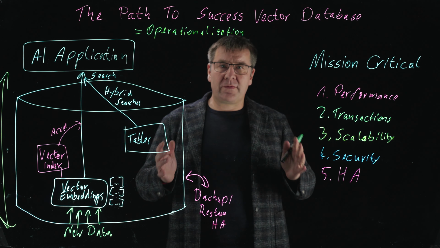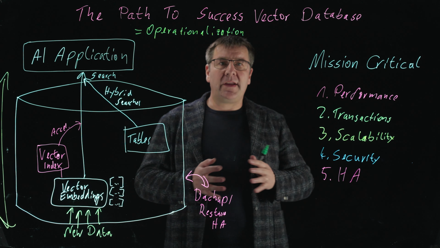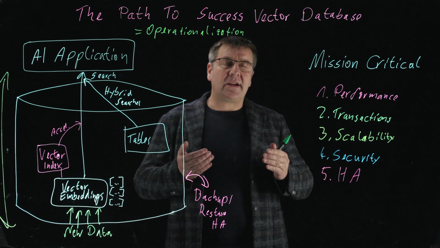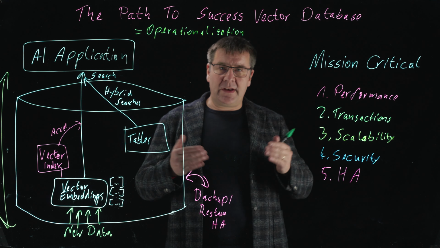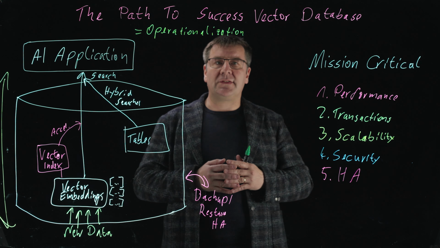So the key to remember is that the vector database is also a database. And databases in general are mechanisms that have been very well established for many years already for operationalization for data-oriented workloads. And the same applies to generative AI now.